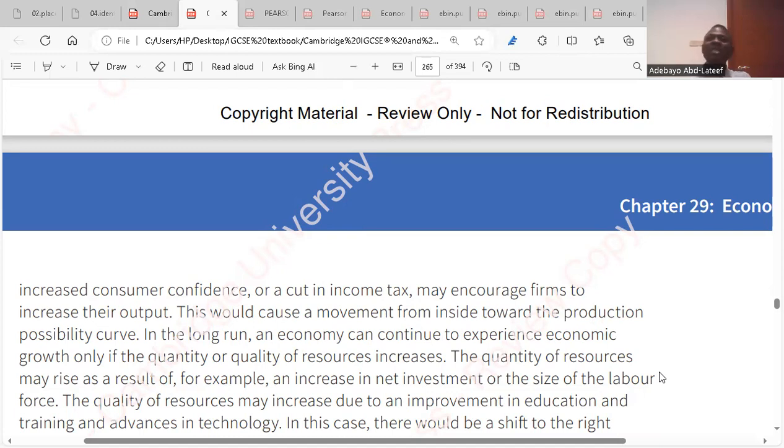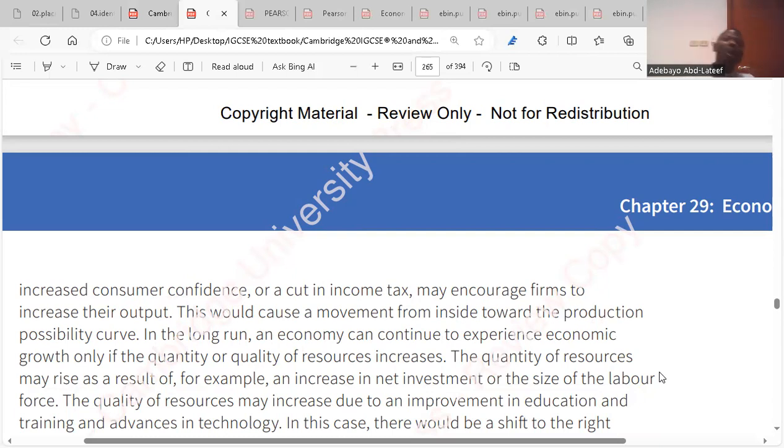So if you have not reached your potential, that means there are some resources that are still unemployed. If resources are still unemployed and aggregate demand increases in the economy, in the short run, firms will be able to respond because there are still resources available to respond to that production.